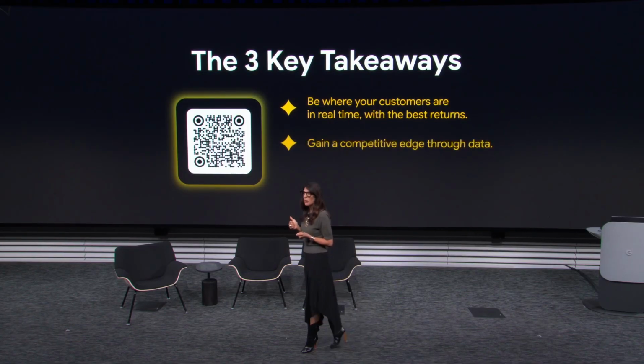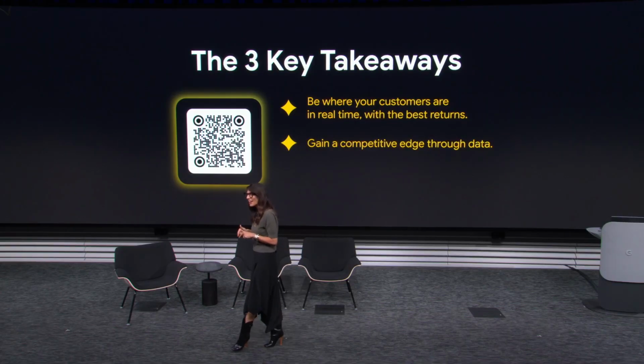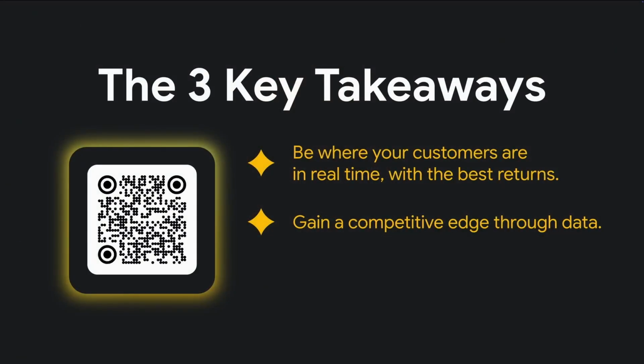Second, we talked about what happens when you fuel our AI with your data. The most important takeaway here: your data is your competitive advantage. Combining it with our AI is how you get not just more leads, but the most valuable leads that drive real business growth.